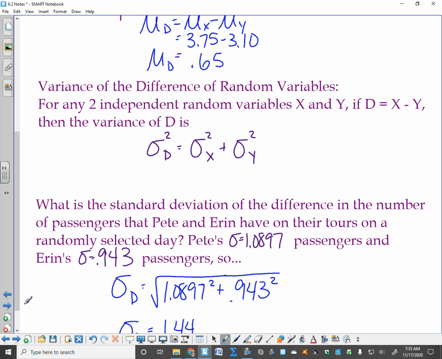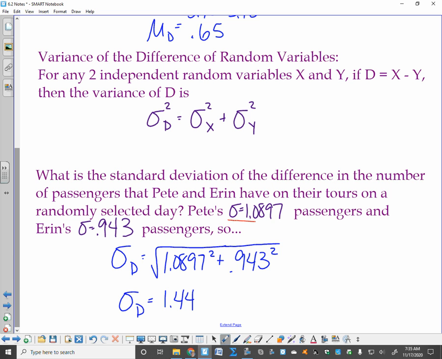So what is the standard deviation of the difference in the number of passengers that Pete and Aaron have? It gives me Pete's sigma, and it gives me Aaron's sigma. So sigma sub d is the square root of Pete's sigma squared plus Aaron's sigma squared.